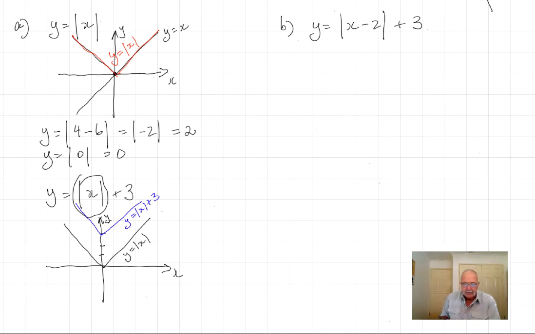Graphing these functions, we can get into something a little bit more complicated here. So we've got y equals the absolute value of x minus 2 plus 3. It's a good idea to do these in steps, and we can start with, well, let's start with a good Cartesian plane xy.